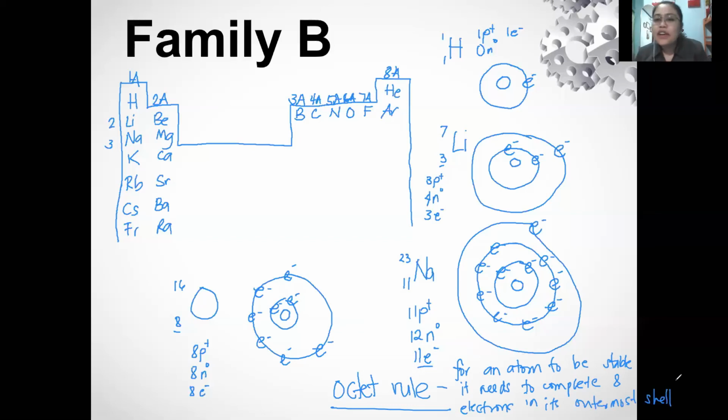So if you look, class, from hydrogen, though hydrogen has only 1 energy shell, which means its requirement is only 2 electrons. Only 2 electrons for hydrogen because it has only one energy shell. And the first energy shell can accommodate two. So this hydrogen, class, is not stable because it is short by one. That is why hydrogen bonds with other elements to become stable.